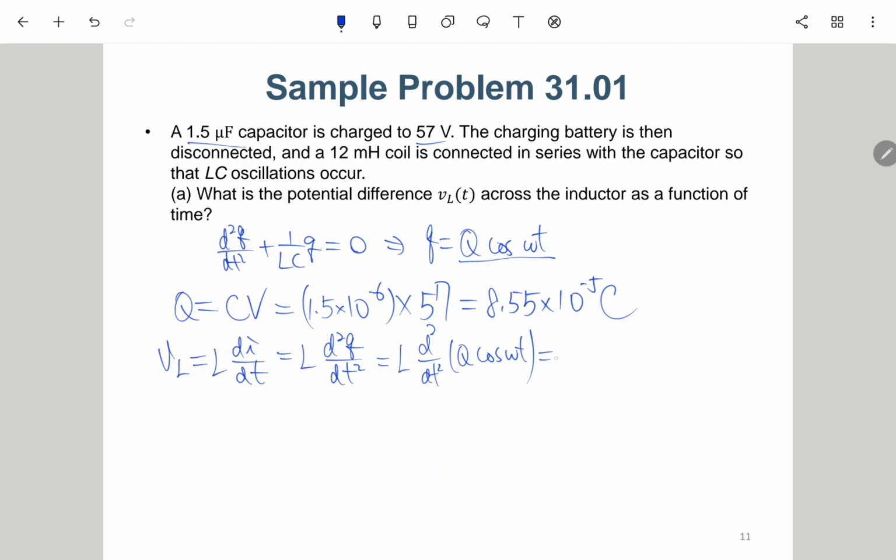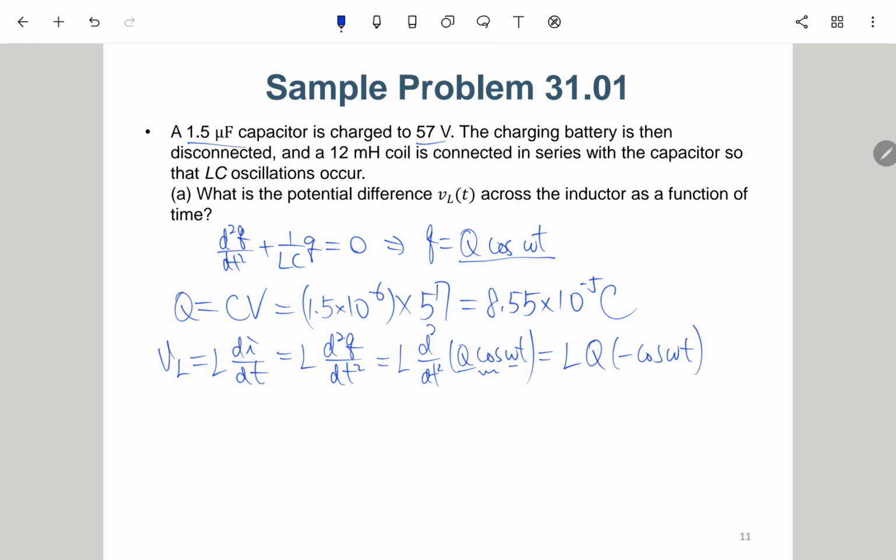Q is a constant, so we can move it to the front. Then we take the derivative of the cosine, it becomes negative sine, and then take the derivative again, it becomes negative cosine.